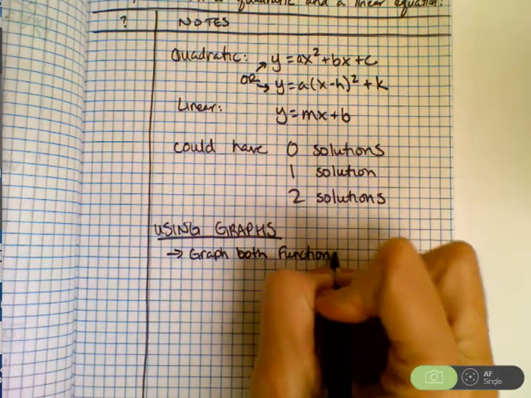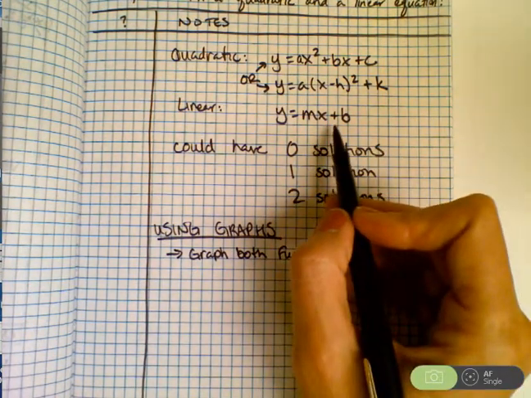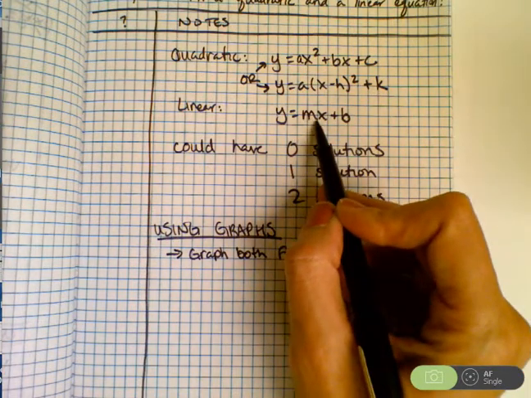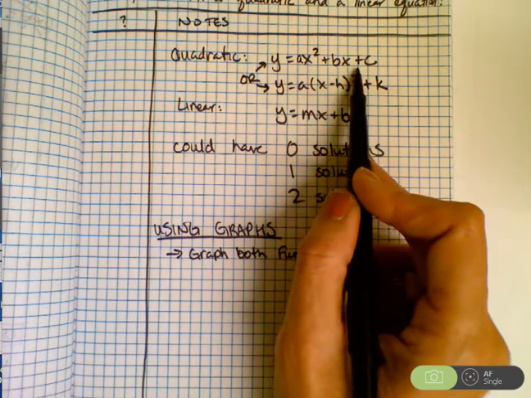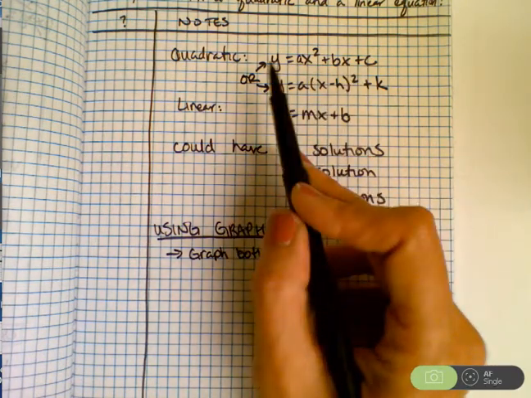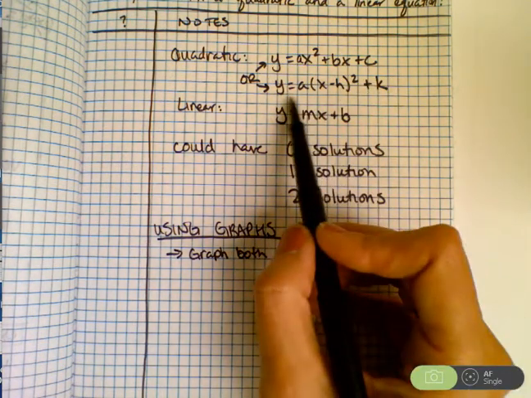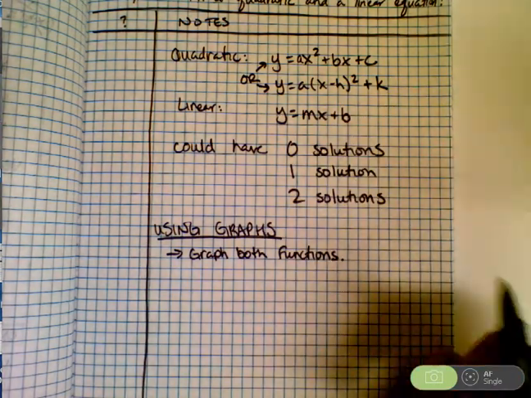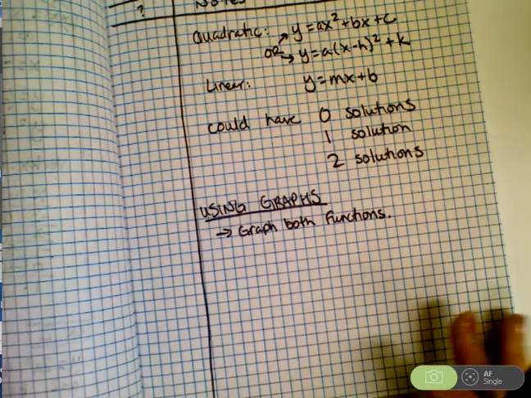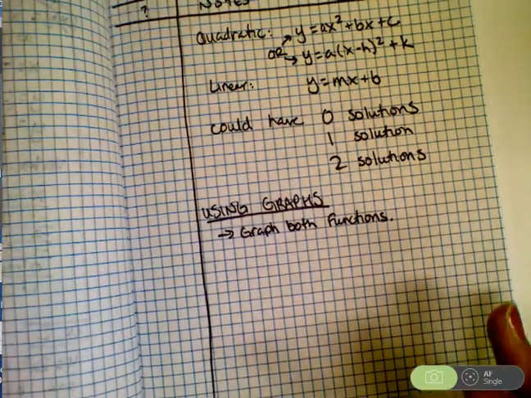And remember, if we're looking at a linear equation, we would use the y-intercept and then the slope to graph it. And if we're using a quadratic in standard form, we're going to have to find the vertex and then build the graph from there. And if we're in vertex form, we'll use the vertex from h and k and then build the table and graph from there.